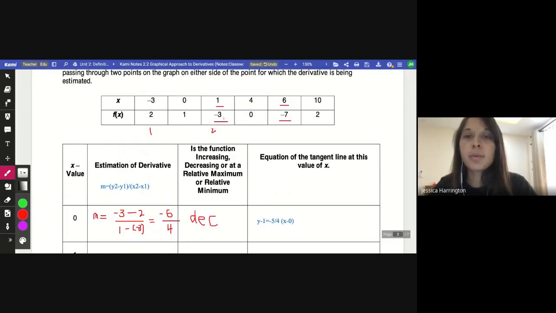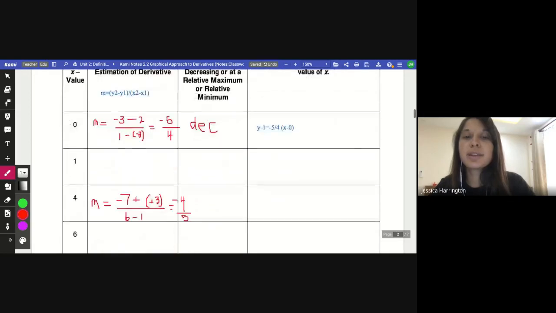What's happening here? We're going from -3 to 0 to 7. So is that increasing or decreasing? -3 to 0 to 7. Well, it's going down according to this, right? If I look at the slope, the overall slope is decreasing.